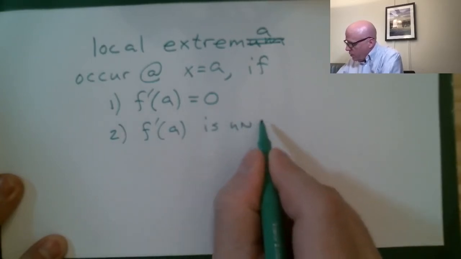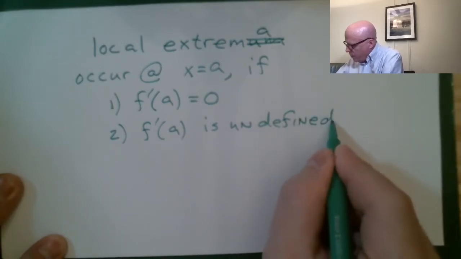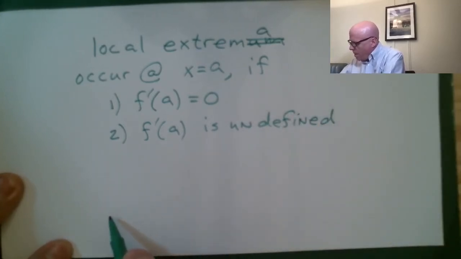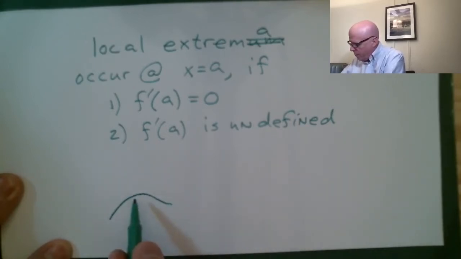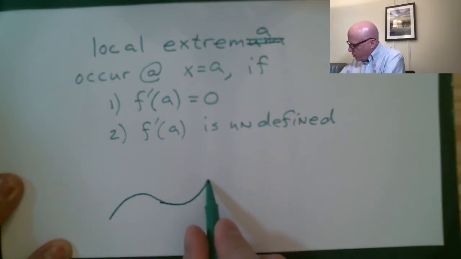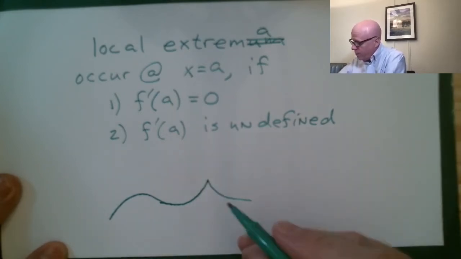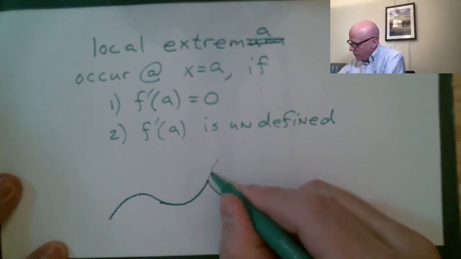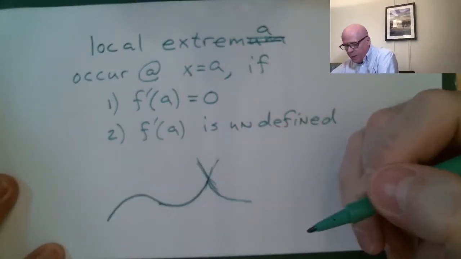And let me just graph for you something that would have that kind of behavior. You can have a local maximum like that, where the peak of the graph happens and everything's smooth. But you can also have a local maximum that occurs like that, where there's a point on the graph. And that's a spot where the derivative is undefined, because just to the left, we have a very high positive slope, and then just to the right, we have a very high negative slope.